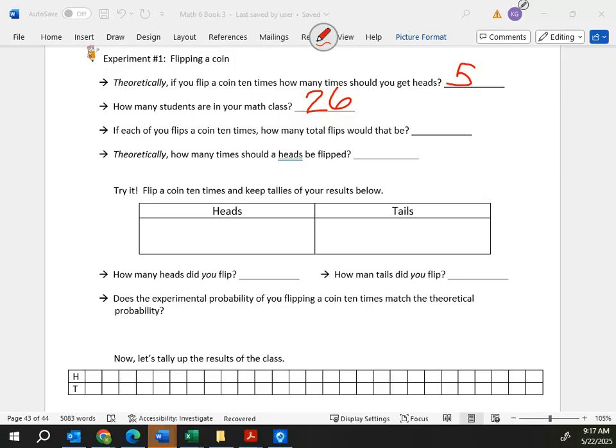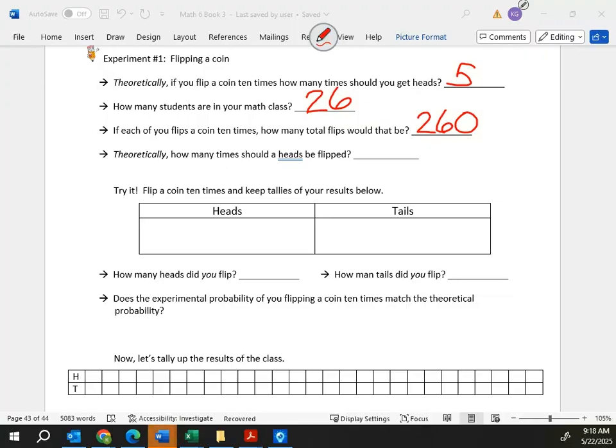If each of you flips a coin 10 times, how many total flips would that be? James? 260. How did you get that, James? I multiplied 10 times across. So we have 26 students times the 10 flips each student is doing. 26 times 10 is 260.